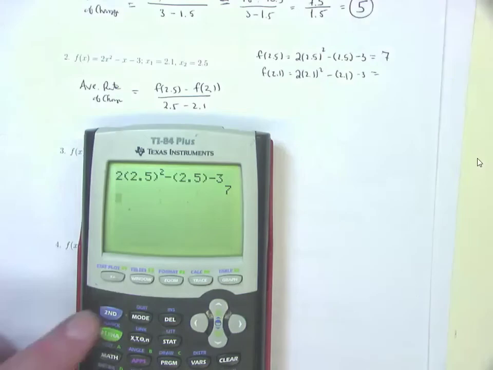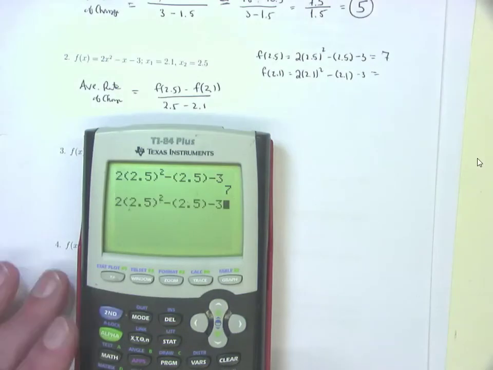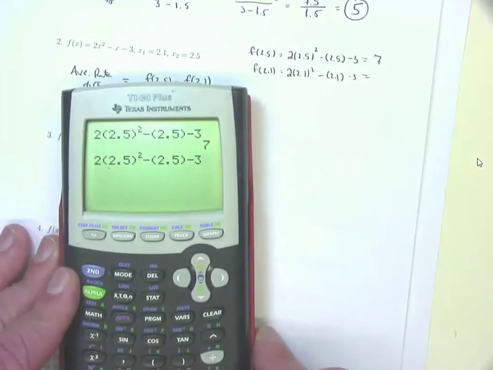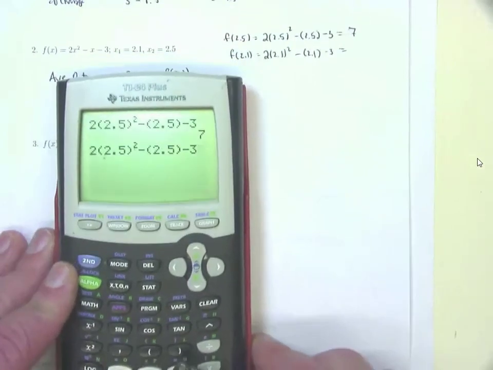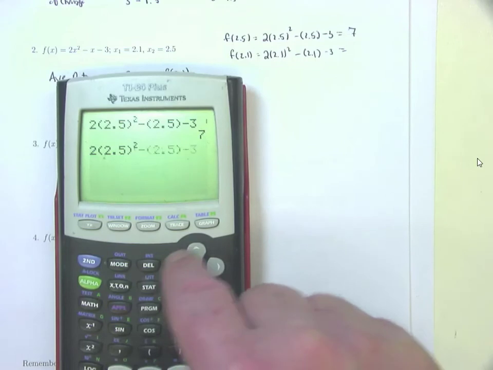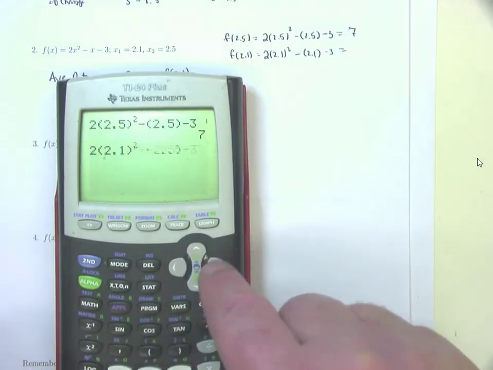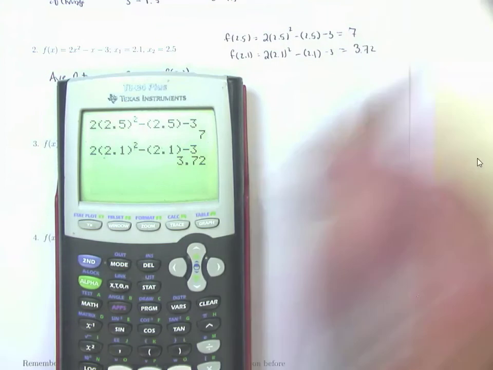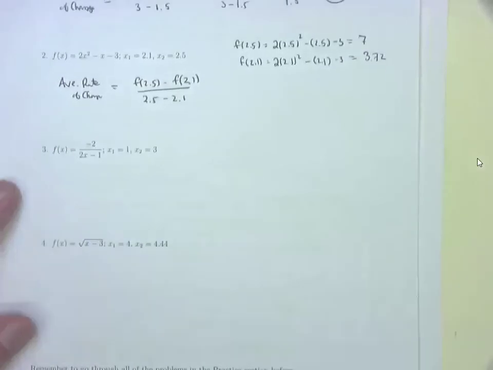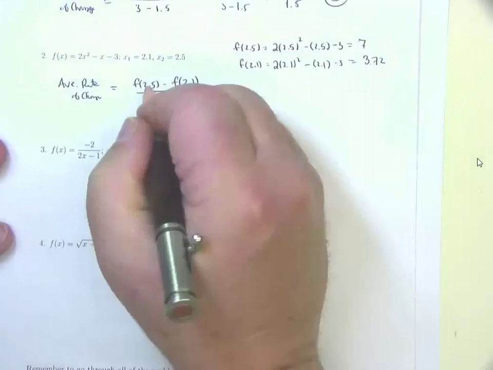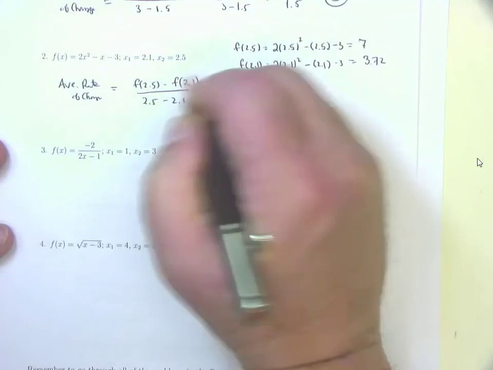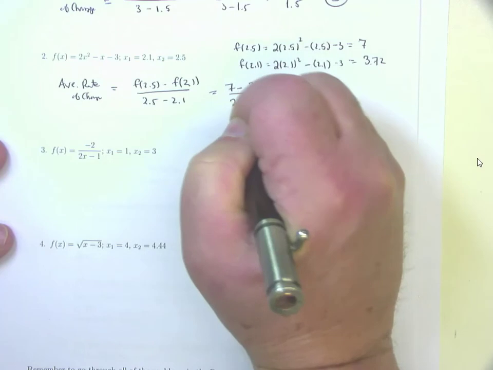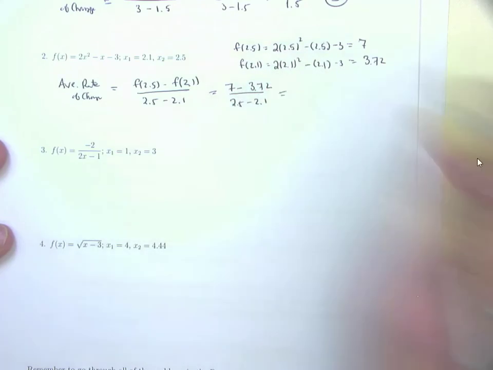And I'm going to use the second entry button on mine. The second entry calls back down the last thing you typed in, because all I'm really doing here is changing all these 2.5s to 2.1s. 2 times 2.1 squared minus 2.1 minus 3 is 3.72. So this average rate of change will be f of 2.5, which is 7, minus f of 2.1, which is 3.72, divided by 2.5 minus 2.1.